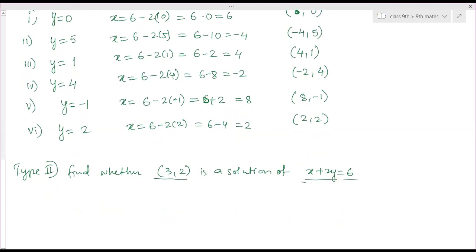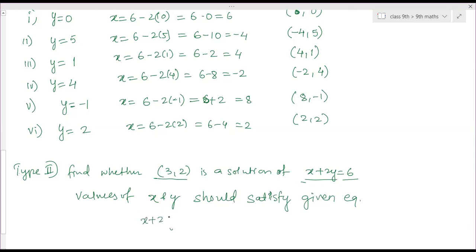What does a solution mean? The values of x and y should satisfy the given equation. Now the equation we have is x plus 2y is equal to 6. What is the value of x we have to check? 3.